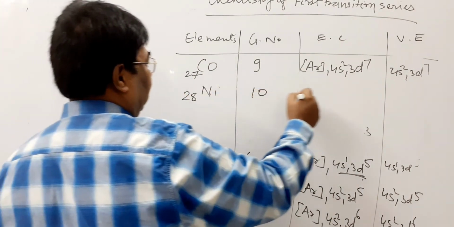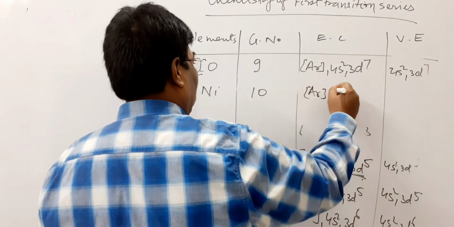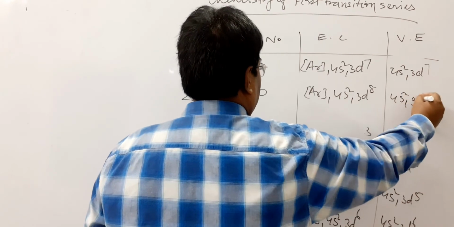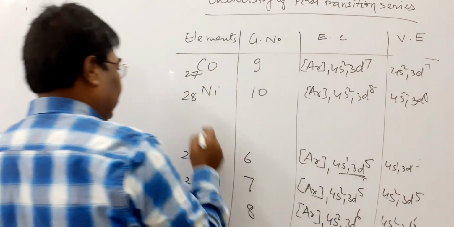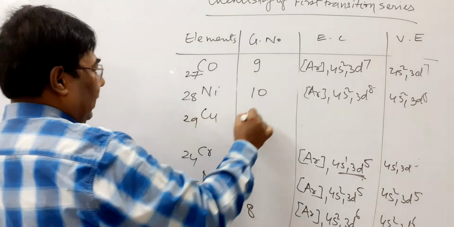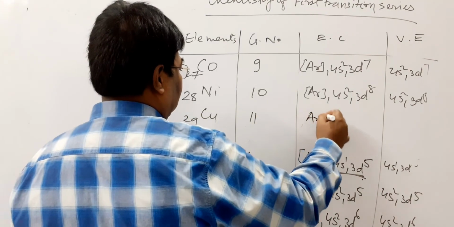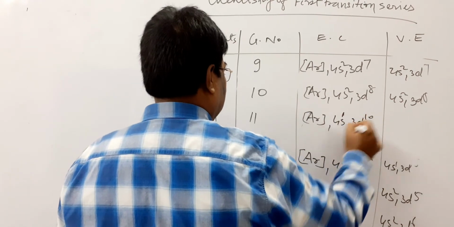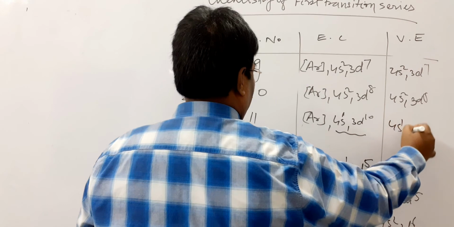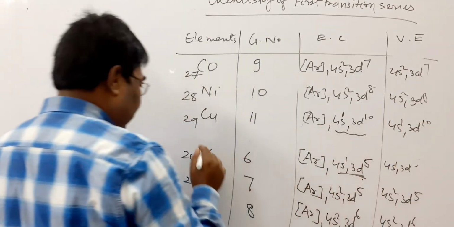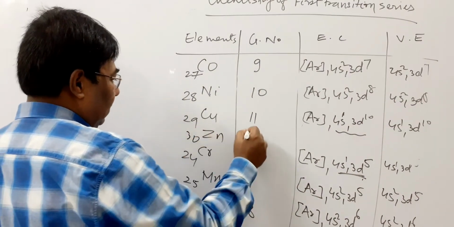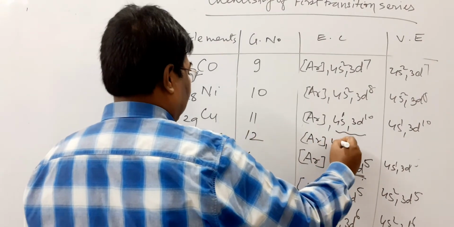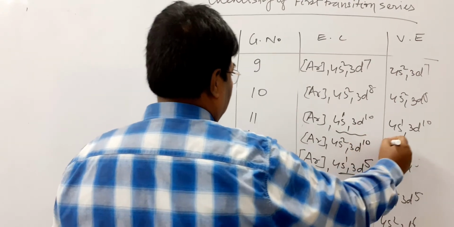Next nickel 28, group number 10, argon 4s2 3d8. So very, very important. Next, copper 29, group number 11, argon 4s1 3d10 for stability, and finally zinc 30, group number 12, argon 4s2 3d10.